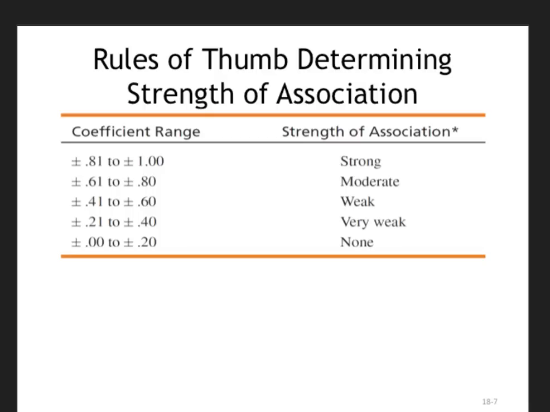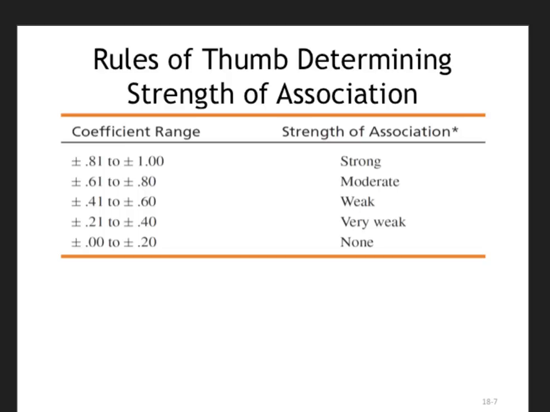After we have established that a correlation coefficient is statistically significant, we can talk about some general rules of thumb concerning the strength of association. Correlation coefficients that fall between +1 and +0.81 are generally considered to be strong. The same applies to -0.81 to -1.